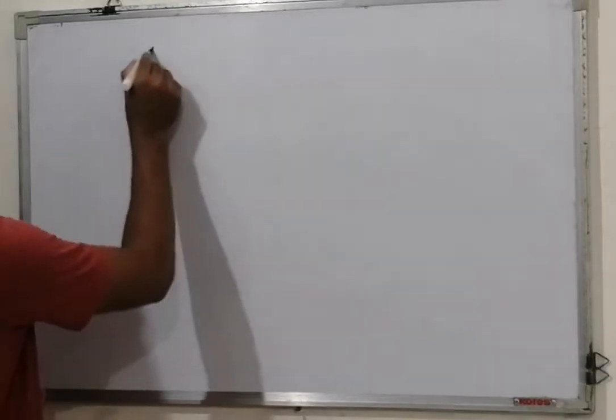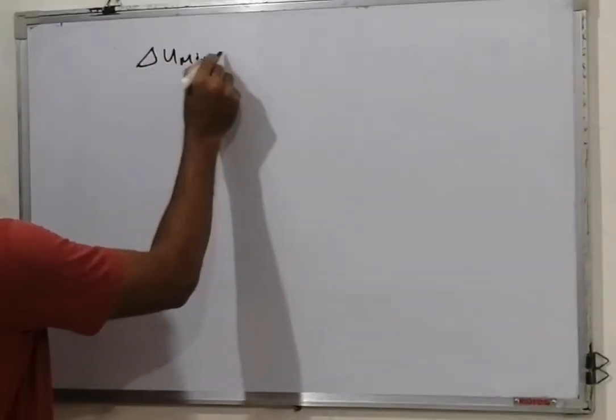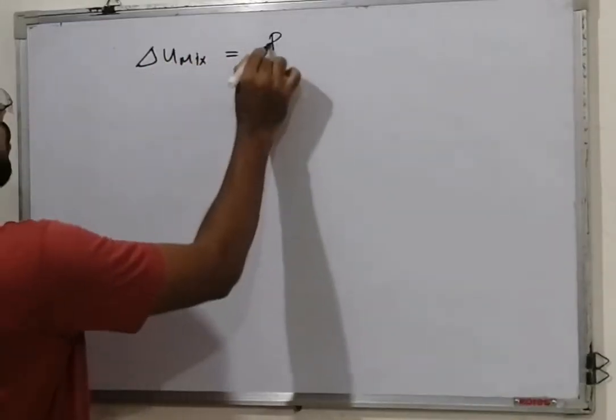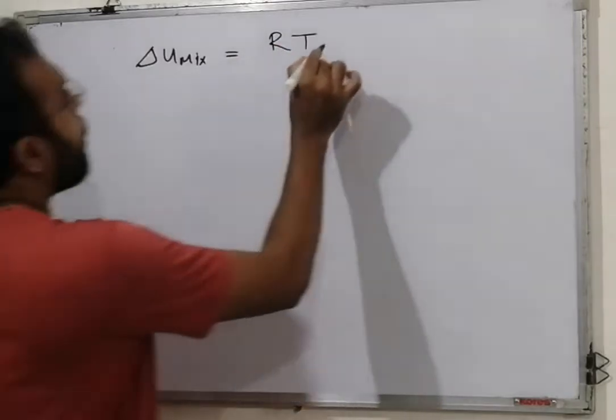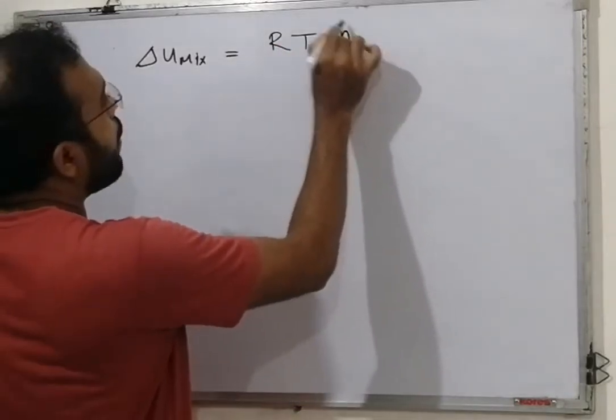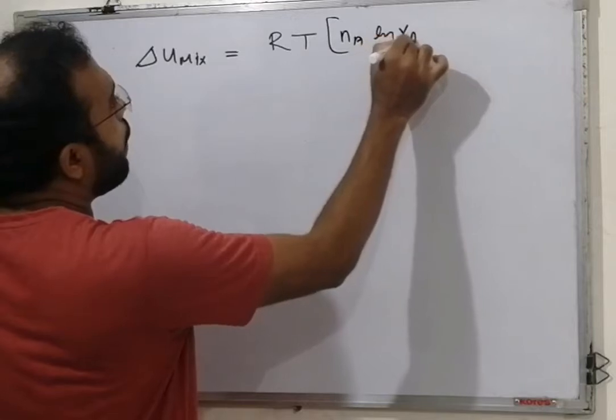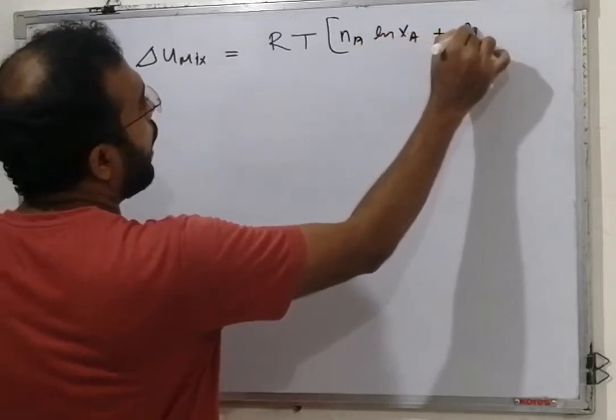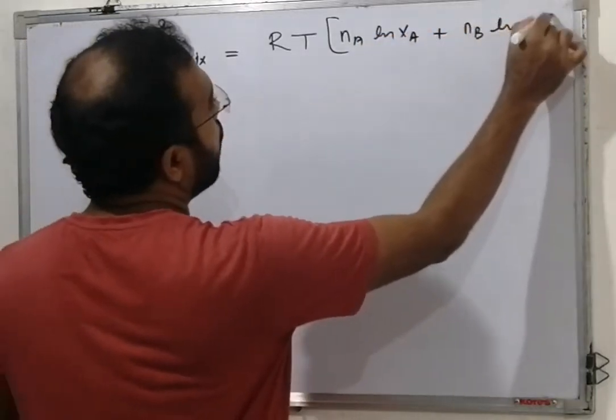What is our delta G mixing? Delta G mixing is RT (NA ln XA plus NB ln XB).